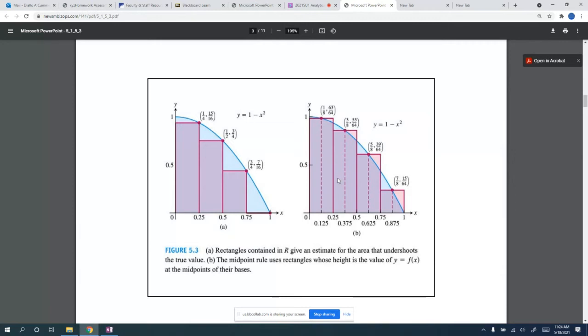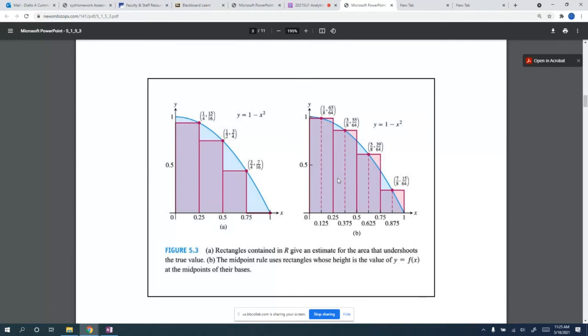In the XYZ textbook, they don't use upper estimate, lower estimate, or midpoint. They use left endpoint and right endpoint. We would find the area by using a right endpoint and 4 rectangles, or a left endpoint and let's say 4 rectangles.